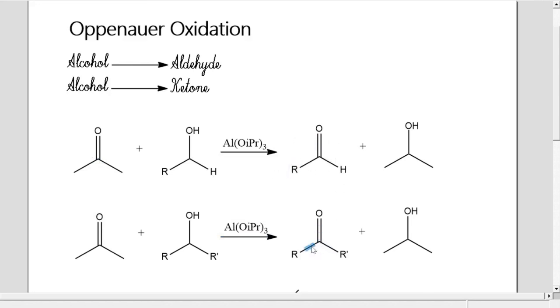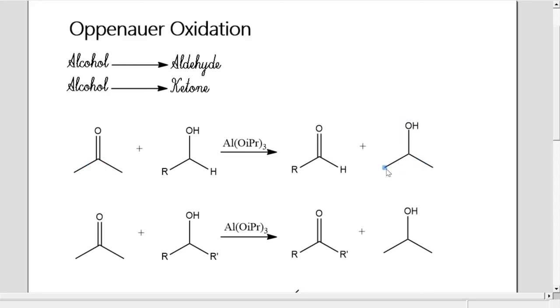It's basically oxidation, and we will call it Oppenauer oxidation. And if we want the alcohol, we will use a cheaper alcohol here, like isopropanol. Our starting ketone, which needs to be reduced, will be here, and that will get converted into our desired product alcohol.